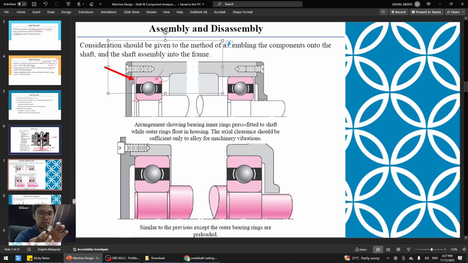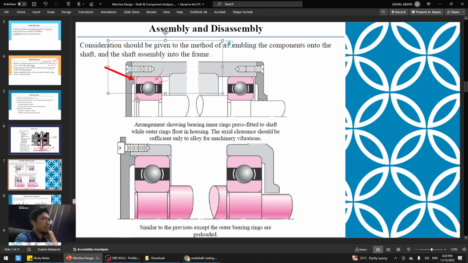Dia ada inner shell, ni ada outer shell kat sini. Okay, sebelah dalam dia ada berbola lah. Okay, kalau bad design of shaft, nampak ni dia design shaft dia ni undercut.